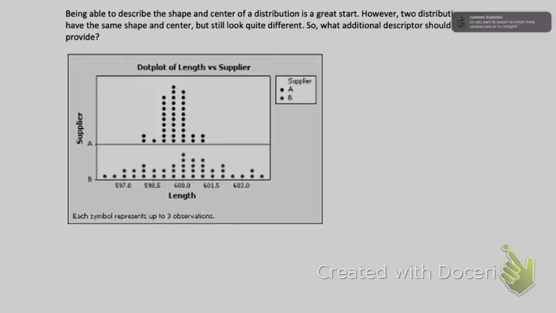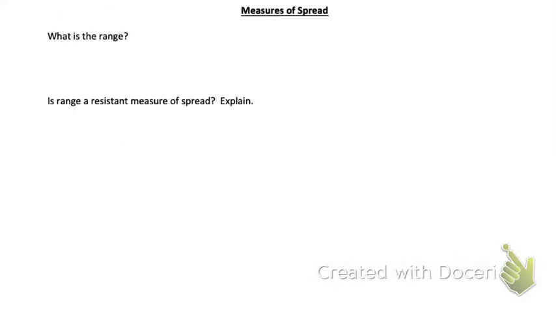So the first thing is something that you guys are very familiar with, range. What is the range of the data? Yeah. So if I take the maximum value and I subtract the minimum value, I'll get the range.